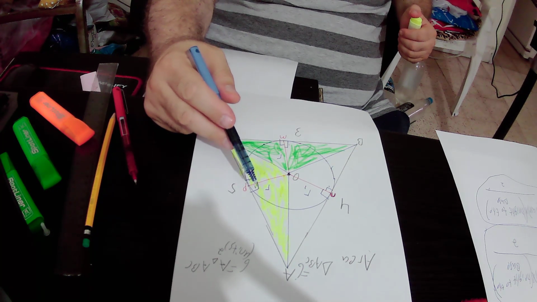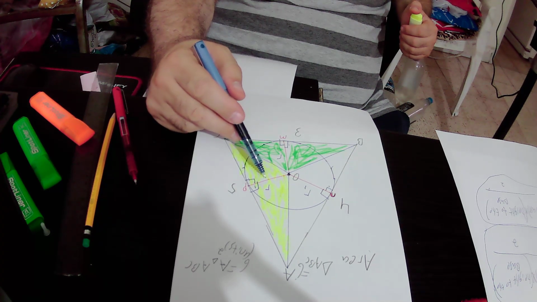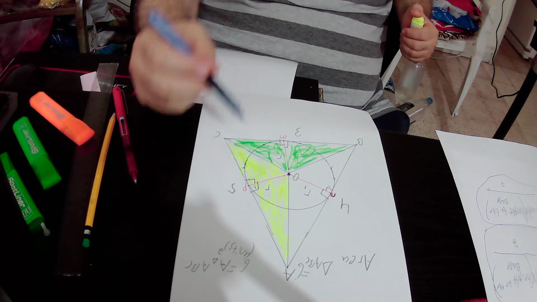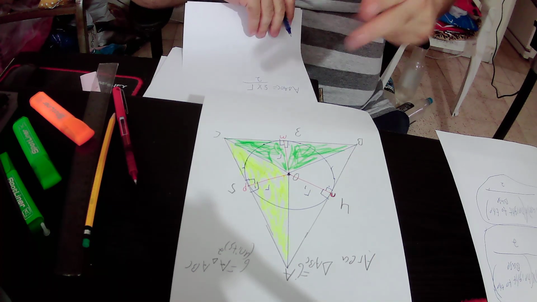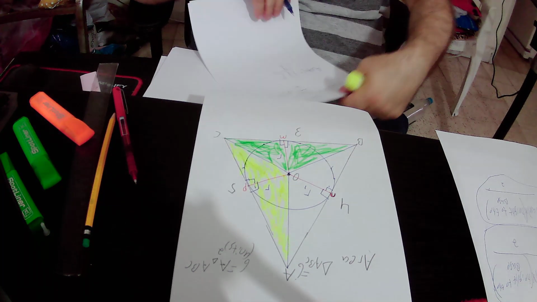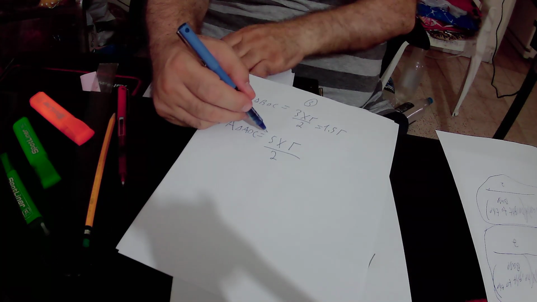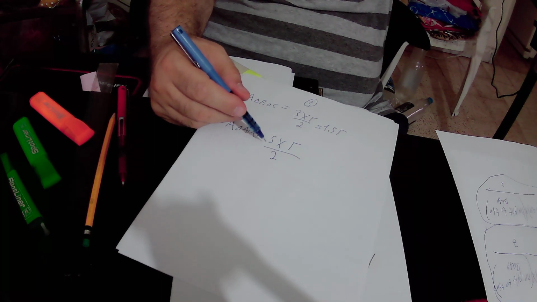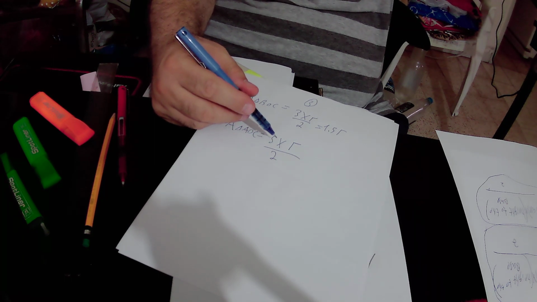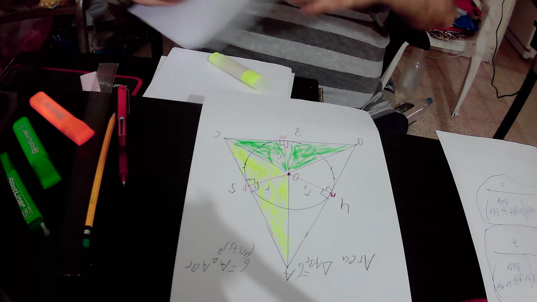It is the base, 5 units, times the height, r, divided by 2. 5 over 2 equals 2.5.